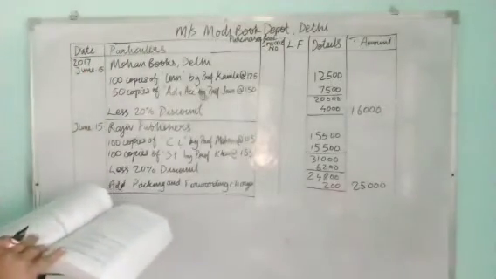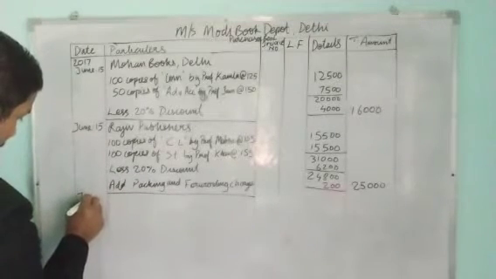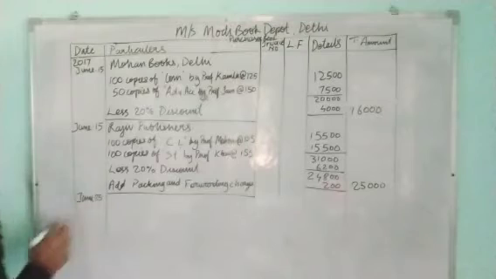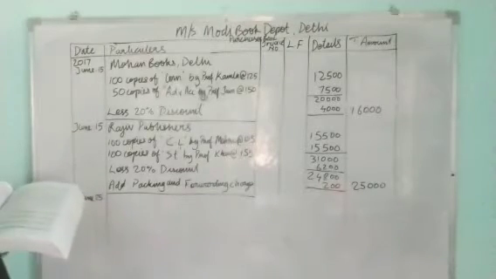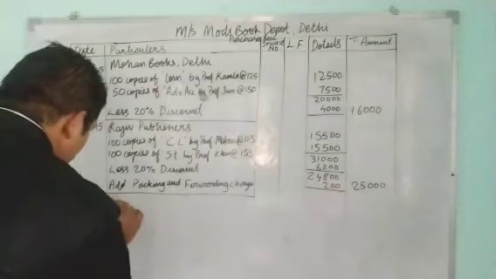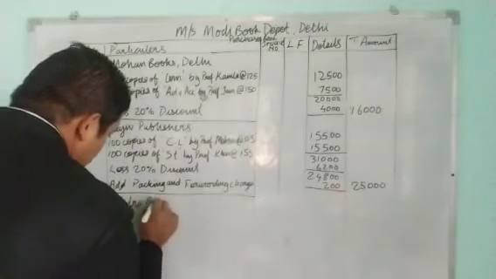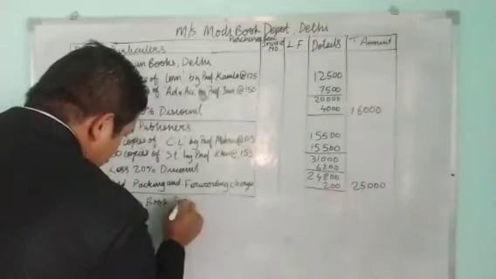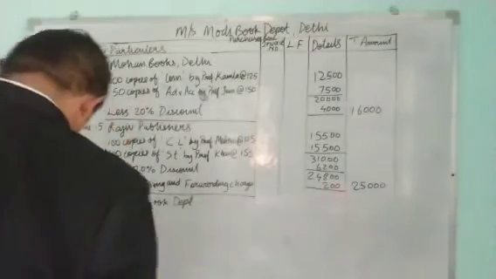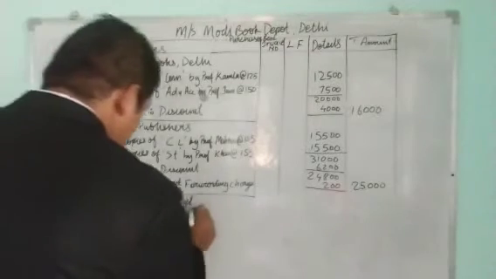So one more that we have to make is June 25, and the name of Chitra Book Depot, Kurukshetra. Place is here.